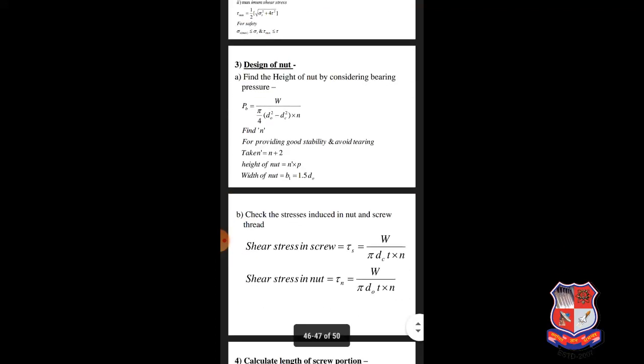Now torque required to overcome the thread friction T1, the formula which we already derived in the previous example, using the same principles. The same concept is used over here. Next is the design of nut. Considering the bearing pressure, we will get Pb equals W by pi by 4 (do square minus dc square). For stability and avoiding tear, taking n dash equals n plus 2.